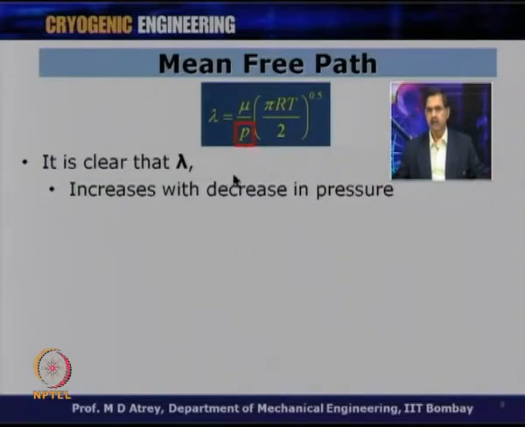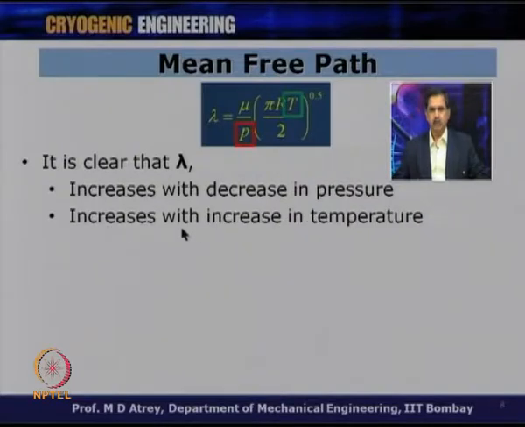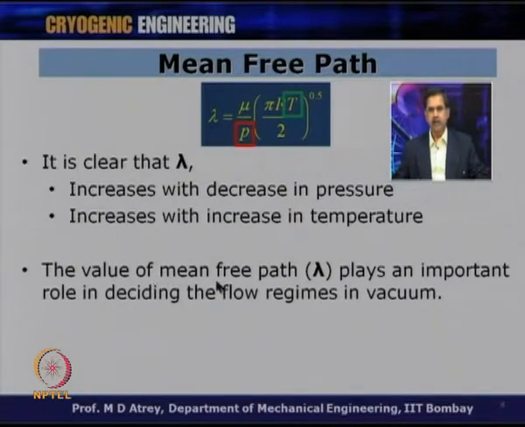So, the number of collisions also will get reduced, and a molecule will take more path to collide with another molecule. It also increases with increase in temperature, that can be understood from this, because temperature happens to be in the numerator. The value of mean free path plays an important role in deciding the flow regimes in vacuum.